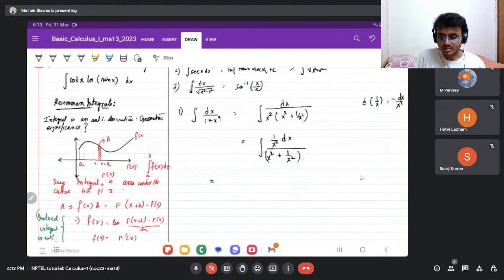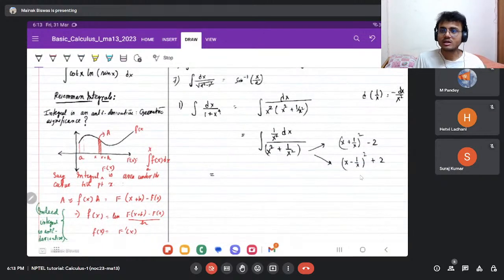So the denominator, we can square it in two ways: x plus 1 over x whole square minus 2, and x minus 1 over x whole square plus 2. Agreed? Is this okay? We can square it in two ways.